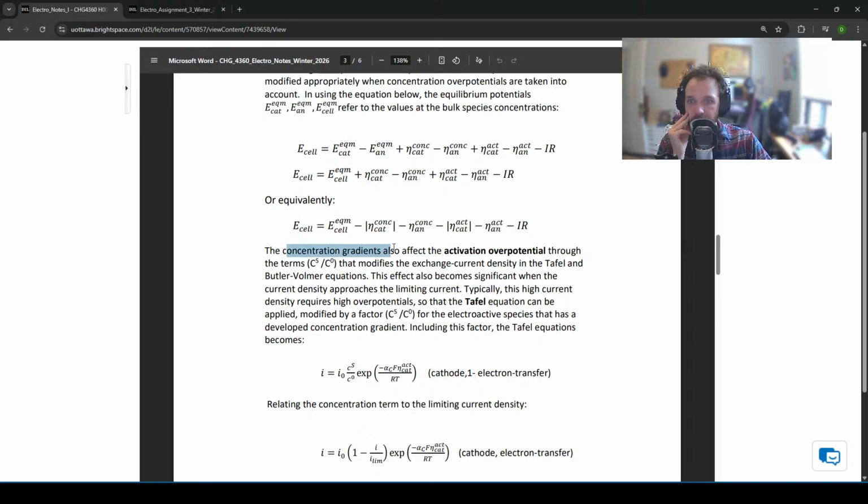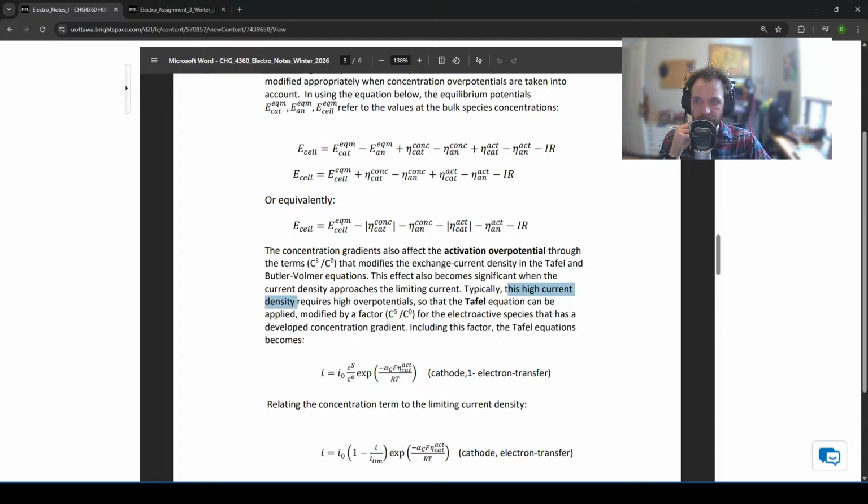The concentration gradients also affect the activation overpotential through the terms of the surface and bulk concentration that modify the exchange current density in the Tafel and Butler-Volmer equations. This effect also becomes significant when the current density approaches the limiting current.